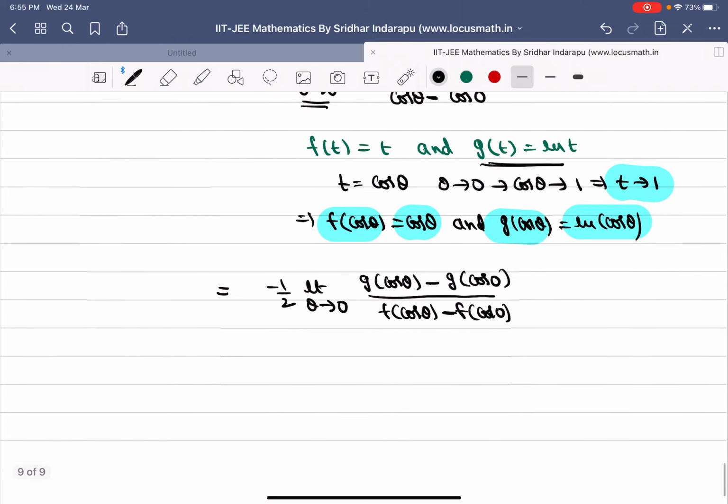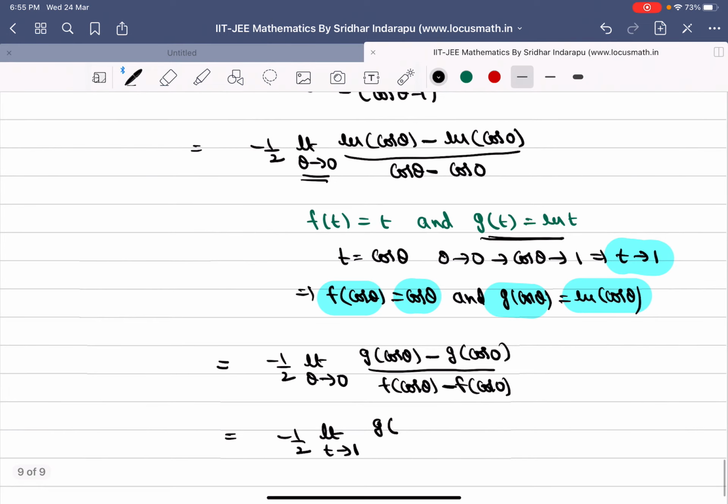So this is equal to minus 1 by 2 into limit, where theta tends to 0, then t tends to 1. Now you can replace cos theta with t, because cos theta equals t.